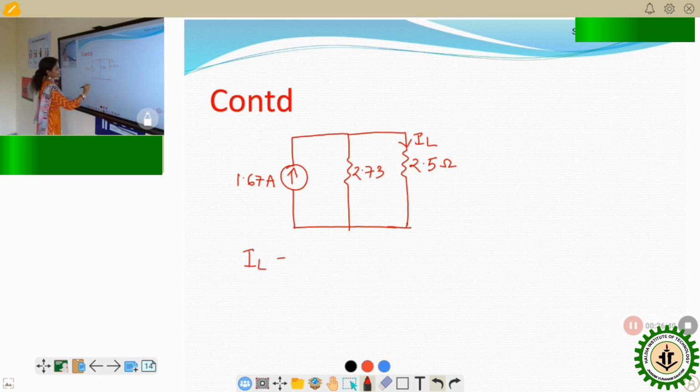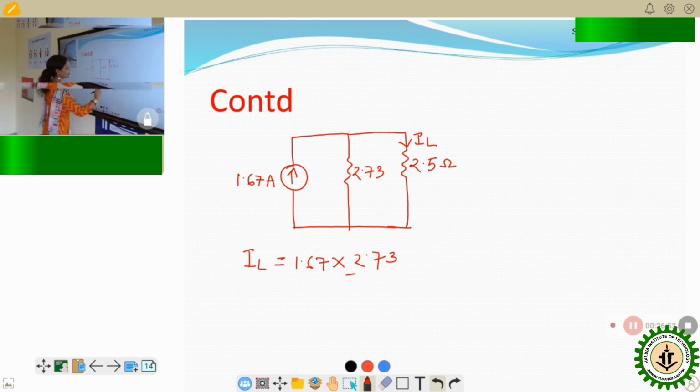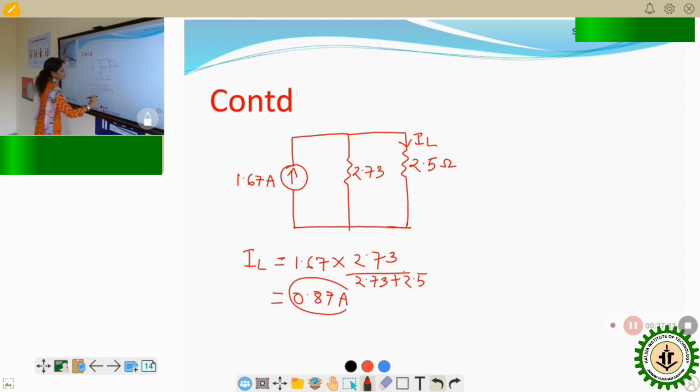IL will be equal to total current 1.67 multiplied by opposite resistor 2.73 divided by the total resistor 2.73 plus 2.5, and that will be equal to 0.87 ampere, and this is the answer.